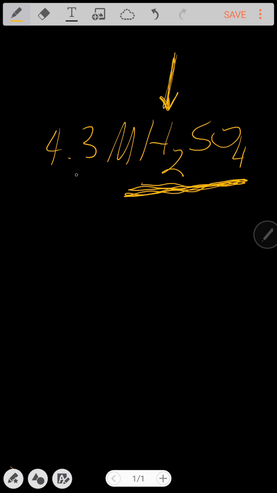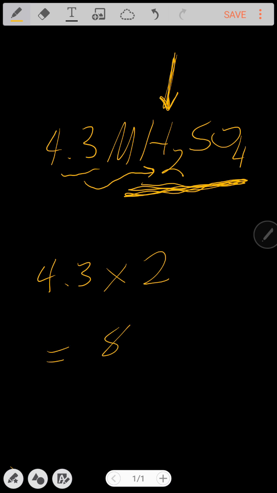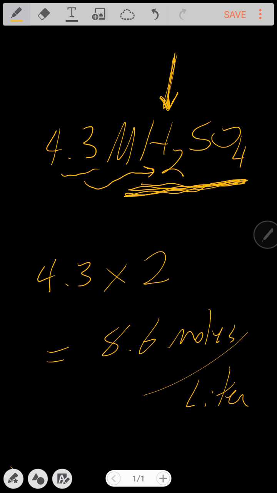It's very simple. You just multiply this by the subscript. So 4.3 times 2, which is going to equal 8.6 moles per liter. Yeah, that's it. It's pretty straightforward.